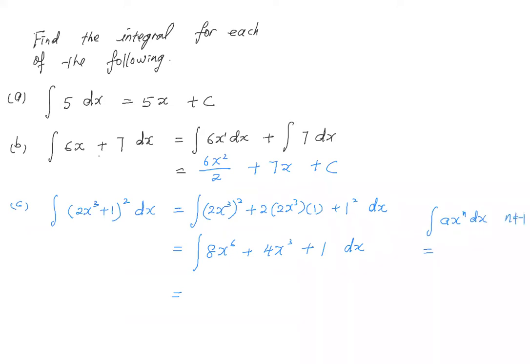So this will be a x to the power n plus 1 divided by the new power plus c. So follow the first one. Power 7 divide by 7. Power 4 divide by 4. You integrate 1, you get 1 times x, then plus c.